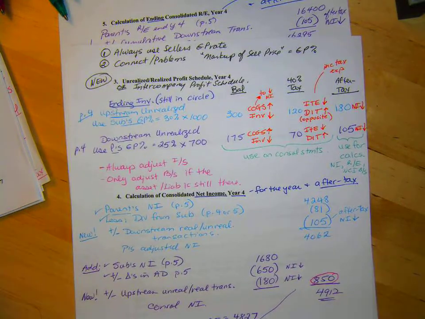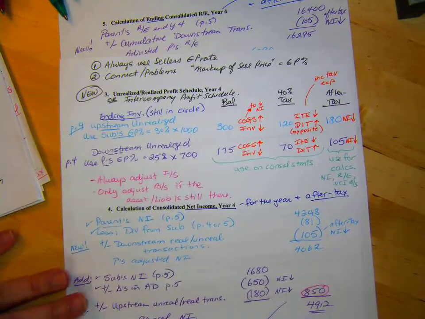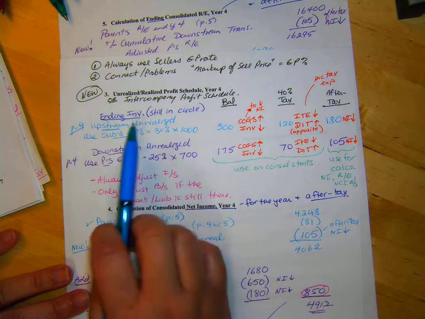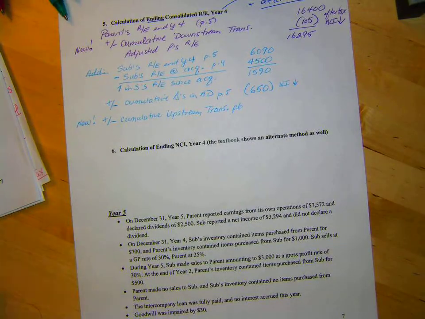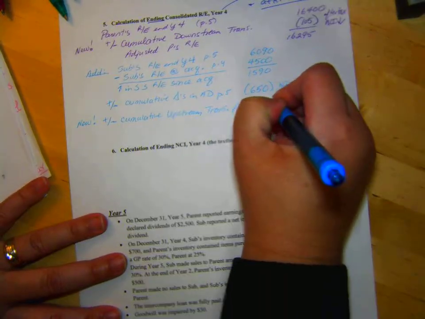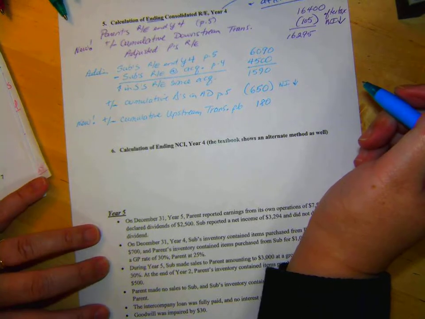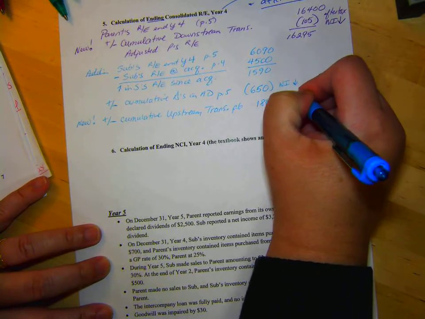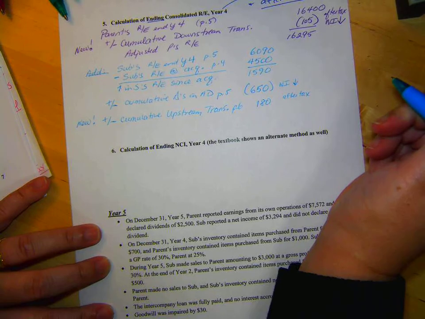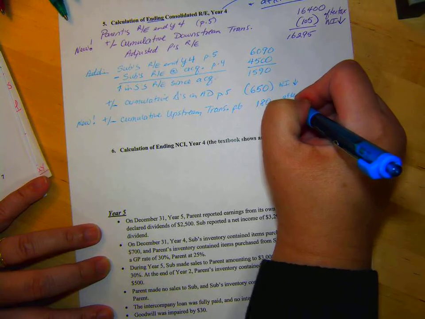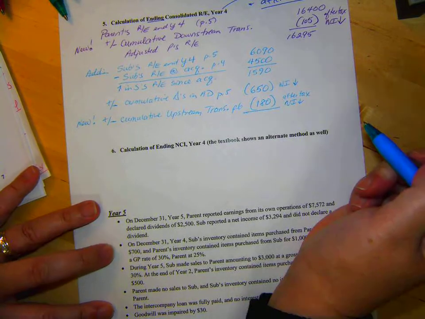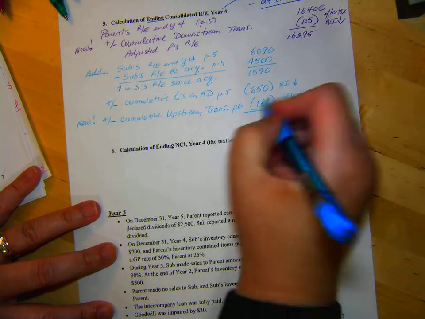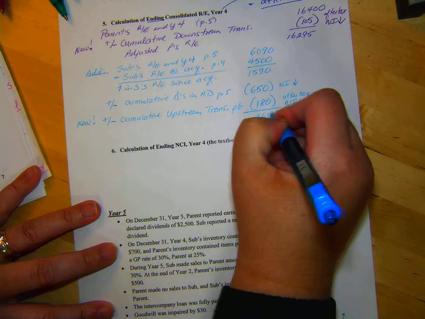So remember, we're splitting downstream and upstream. So this time we want upstream. And which number do we use? 80. And remember, it's after tax. And which way is net income going? Down. So, then we get 760.